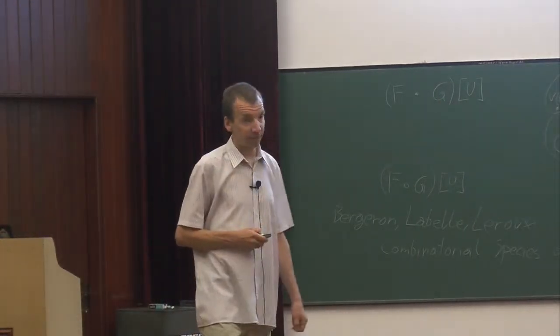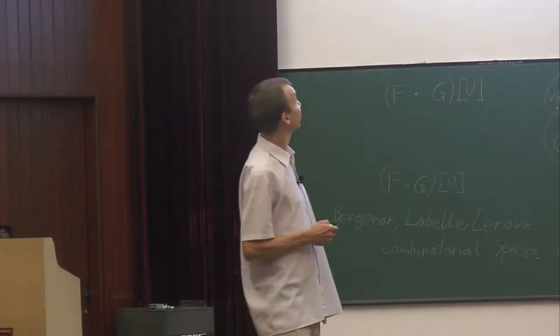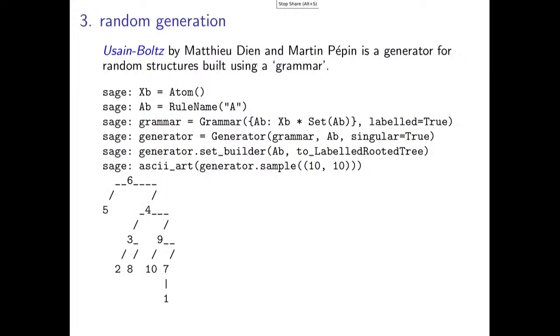Okay, third project. There's an extremely nice generator for random structures. So if you have lots of structures, you would like to produce one of them uniformly at random, just to see how it looks like. How does a tree look like, a random tree?